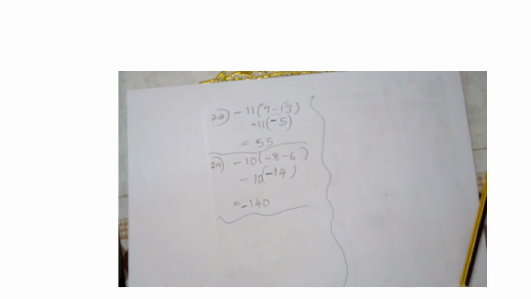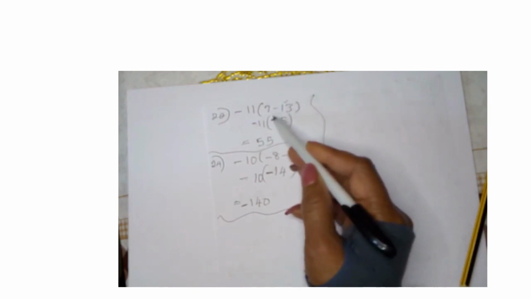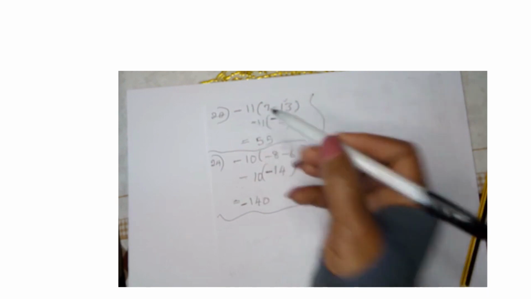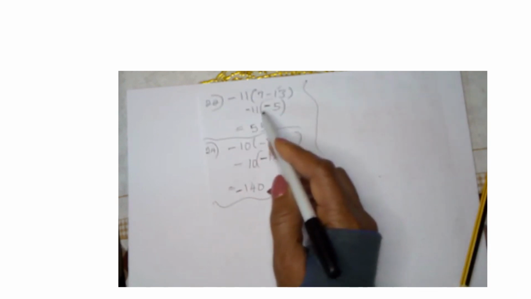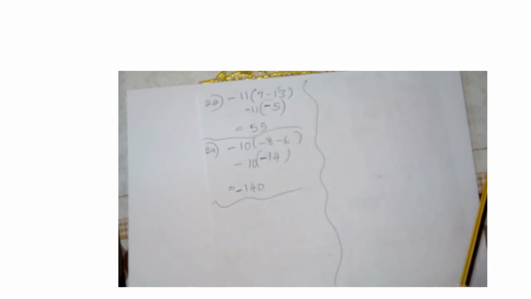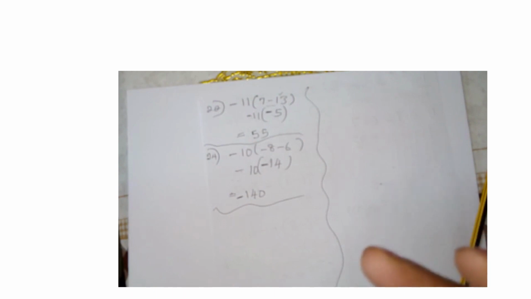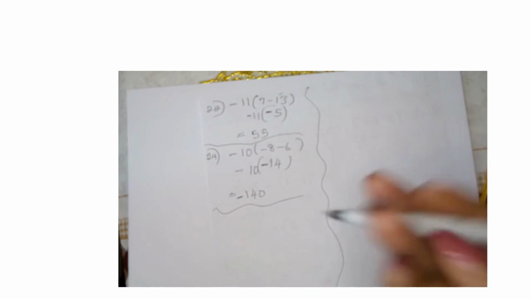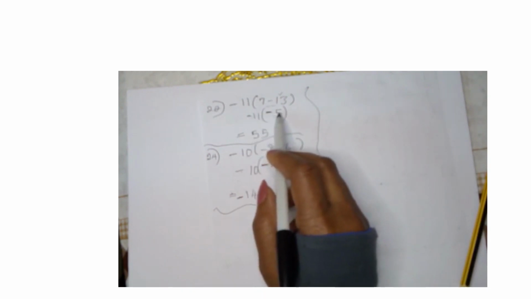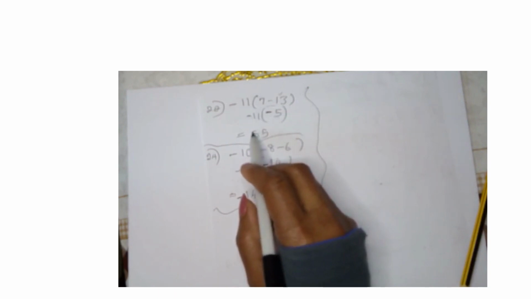Then you write the sign of the bigger number, which is negative. You bring down negative 11. Negative 11 multiplied by negative 6. You remember, when two signs multiply each other, it's going to turn into positive. It's always positive. So negative 11 times negative 5 will give us positive 55. Okay, if you have any question, you let me know.